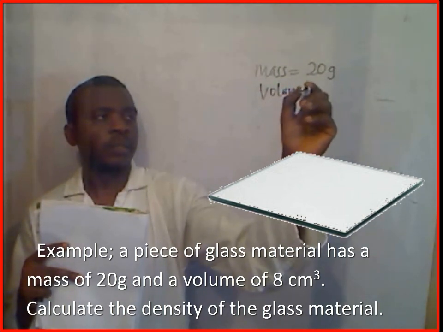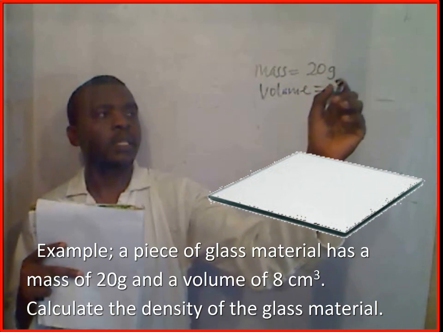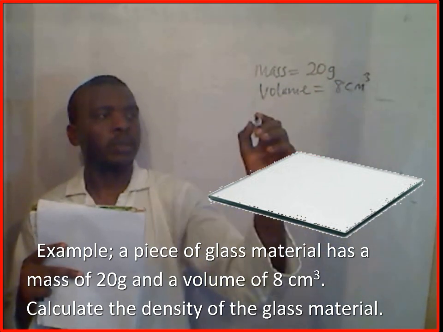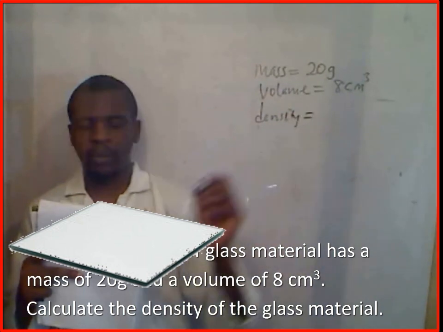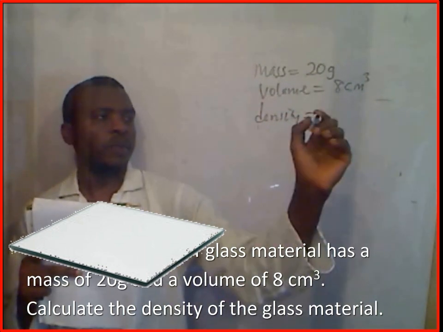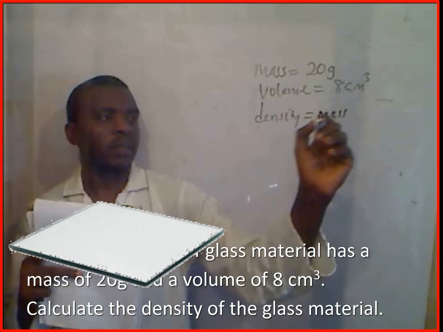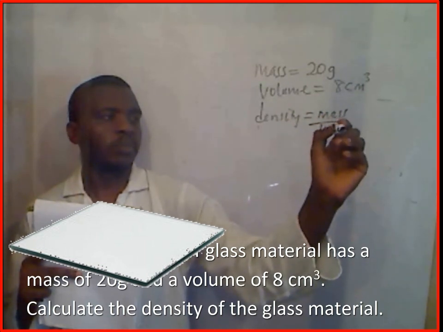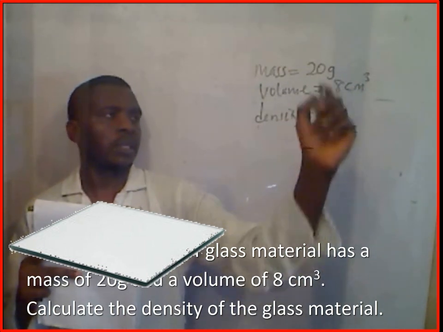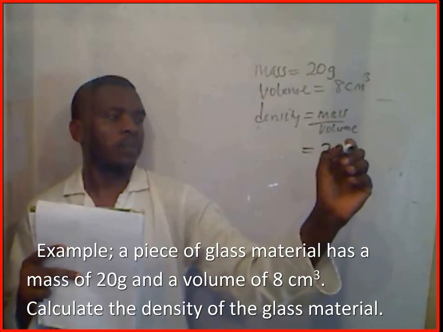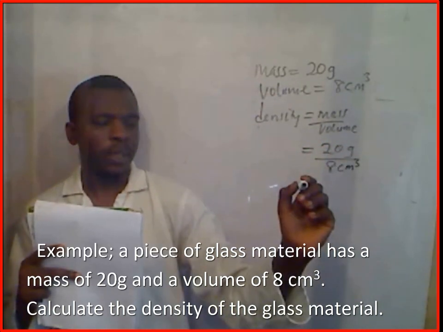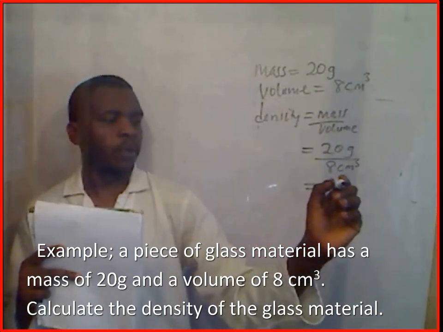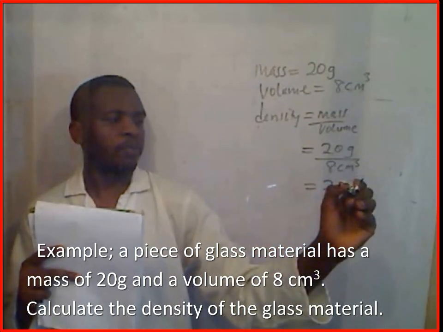Volume is equal to 8 cm cube. Density is equal to mass over volume, which is 20 grams divided by 8 cm cube. This will give us 2.5 grams per cm cube.